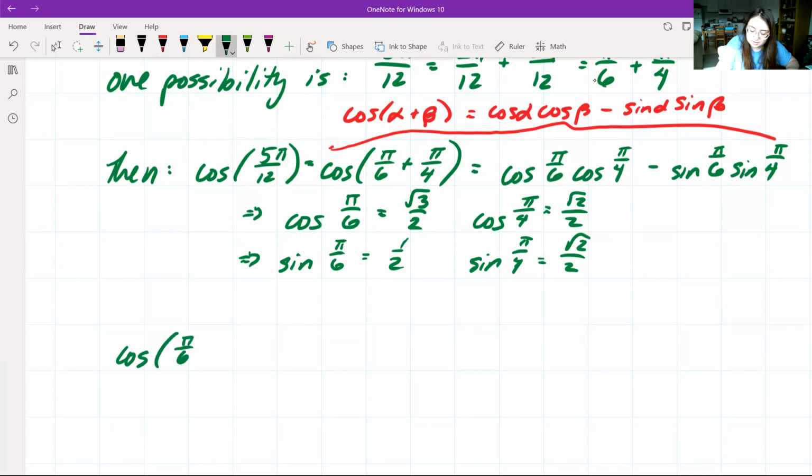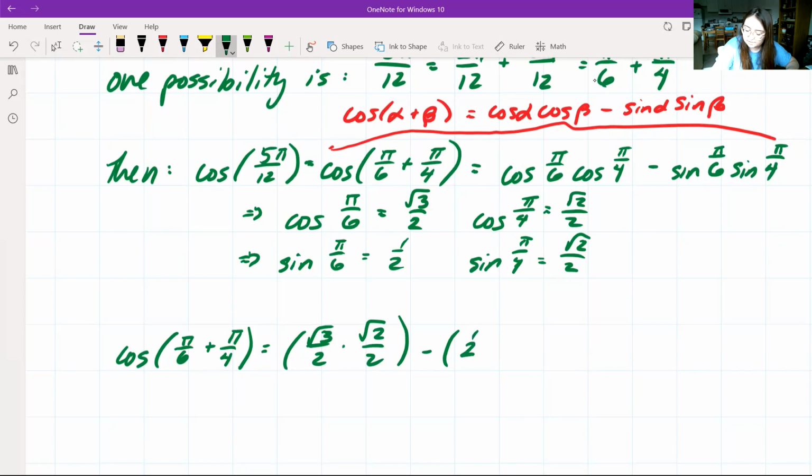So this means that cosine of pi over 6 plus pi over 4, using our formula that we had before, is going to simplify down to square root of 3 over 2 times square root of 2 over 2 minus 1/2 times square root of 2 over 2.